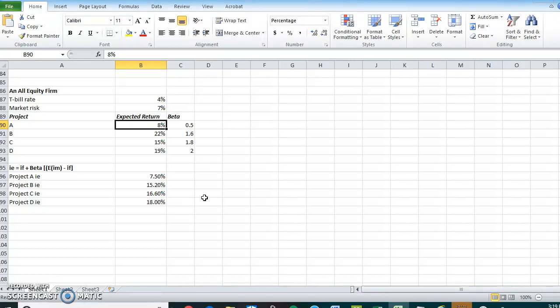So project A, in this case, would have been incorrectly rejected if the firm-wide weighted average cost of capital had been used as its benchmark.